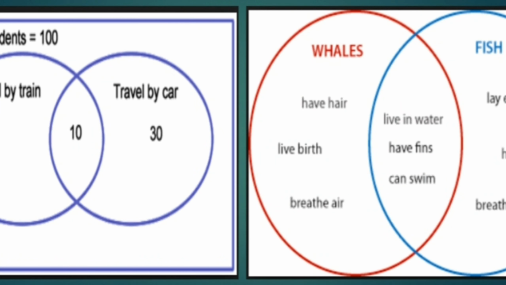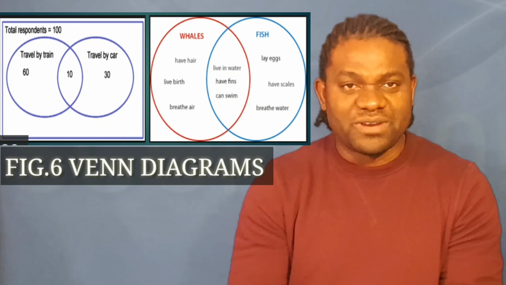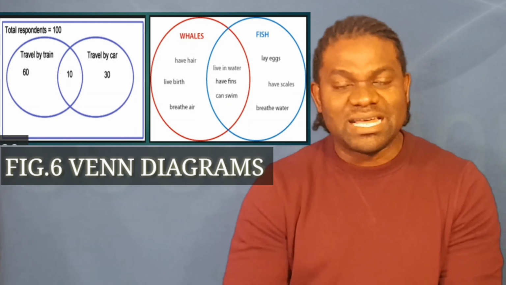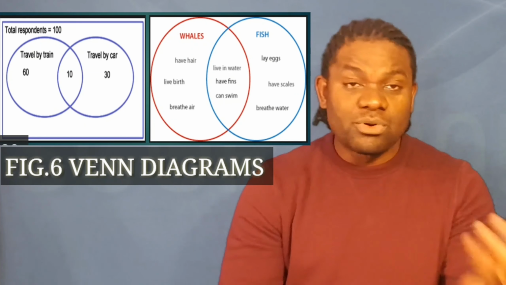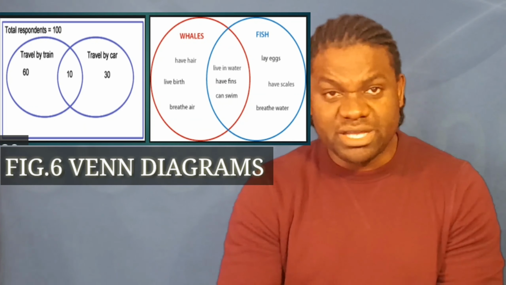Another type of image that you may encounter would be a Venn diagram. Now, a Venn diagram is used to correlate data in mathematics or logical events that are happening. So there might be similarities or differences, and you want to correlate that data. For instance, some people go to work by bus, and then there are some people that go to work by train.